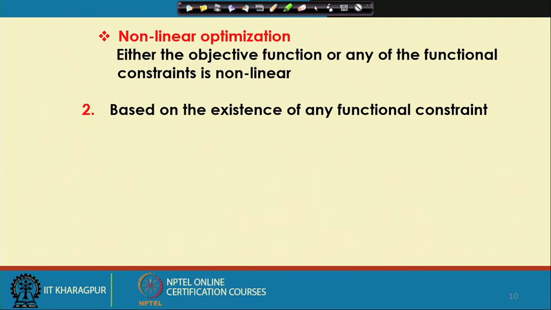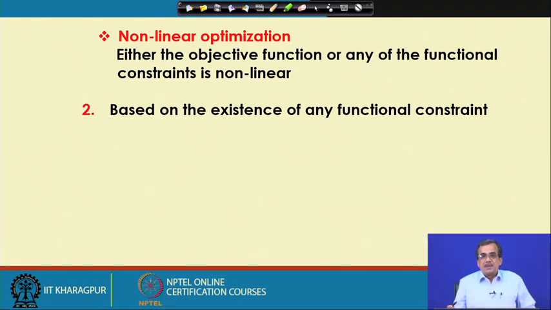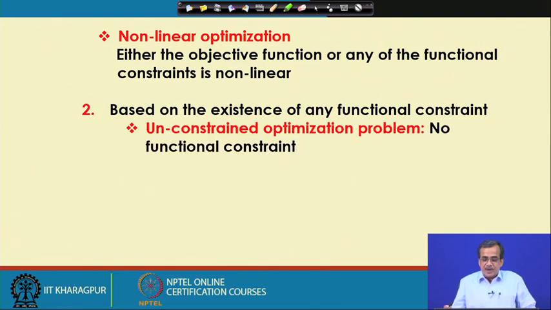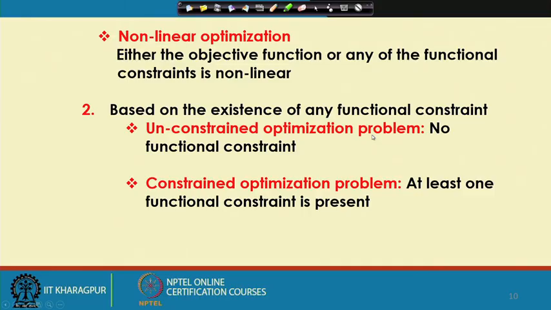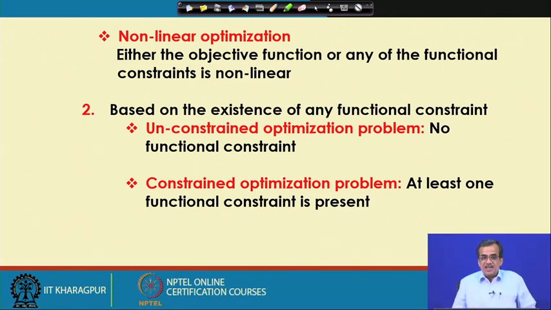Now, the second classification is based on the presence of the functional constraints. As I told, the presence of a functional constraint is not a must. For the optimization problem, if there is no such functional constraint, that is called an unconstrained optimization problem, and if there is at least one functional constraint, that is called a constrained optimization problem.